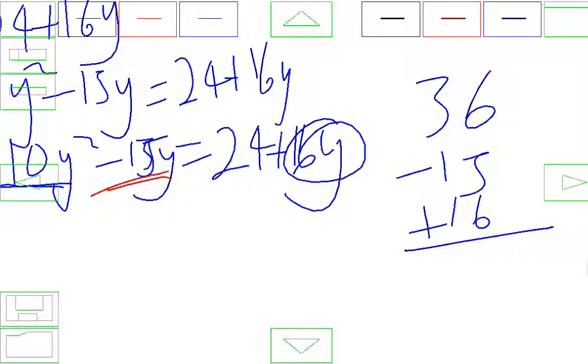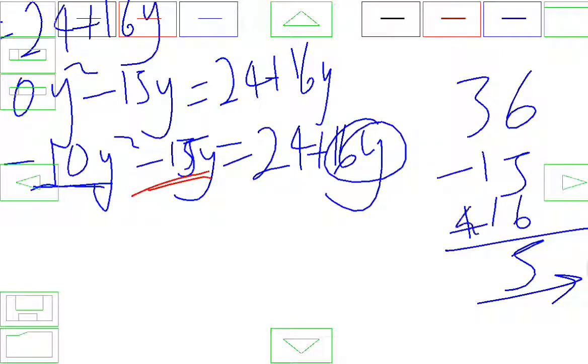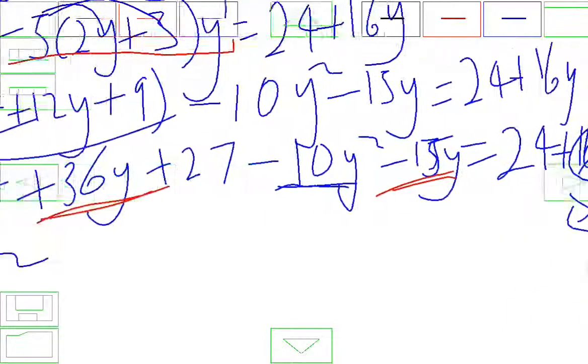So remember, we can do this in the calculator also. Remember, this will now be a negative because this will go that side. So as a result, this is 0, 5.